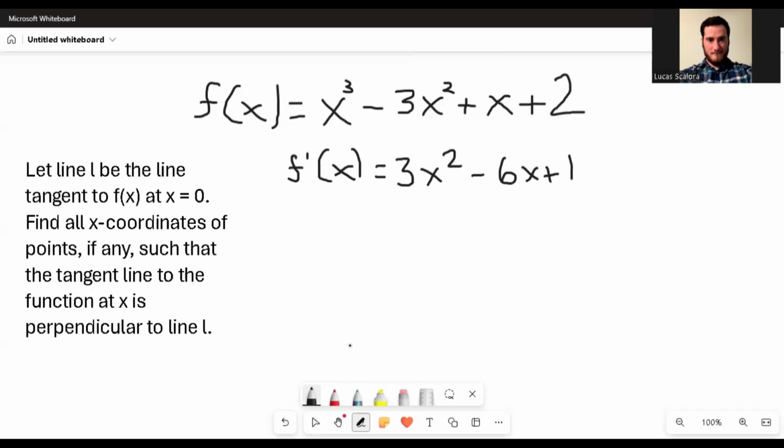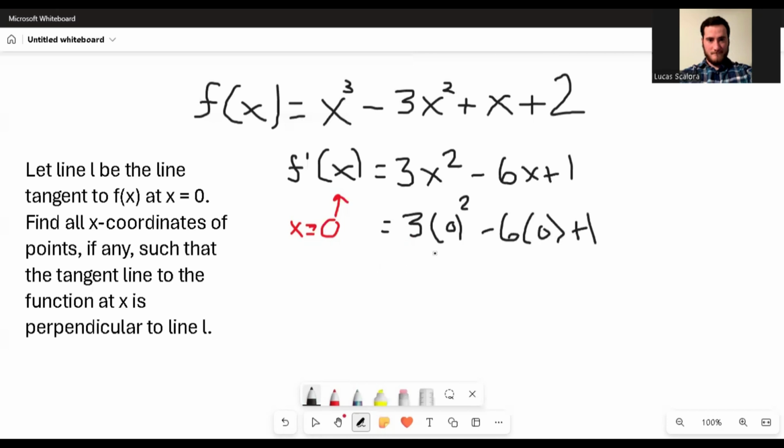Okay, so let's plug in x equals 0 and see what the slope is at that point. We're plugging in x equals 0 to f prime, and we're going to get 3 times 0 squared minus 6 times 0 plus 1.